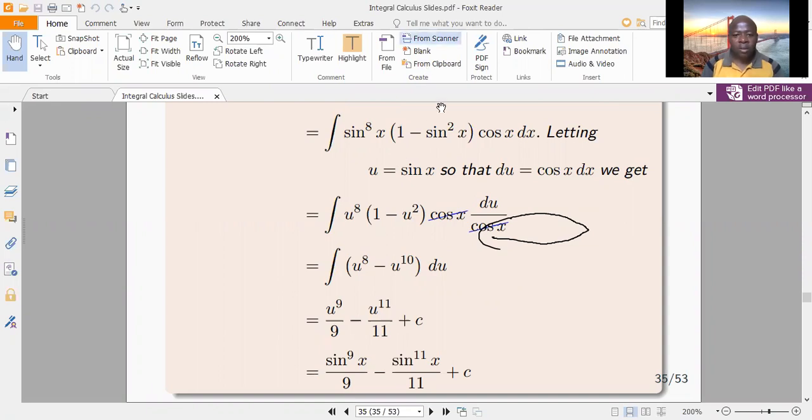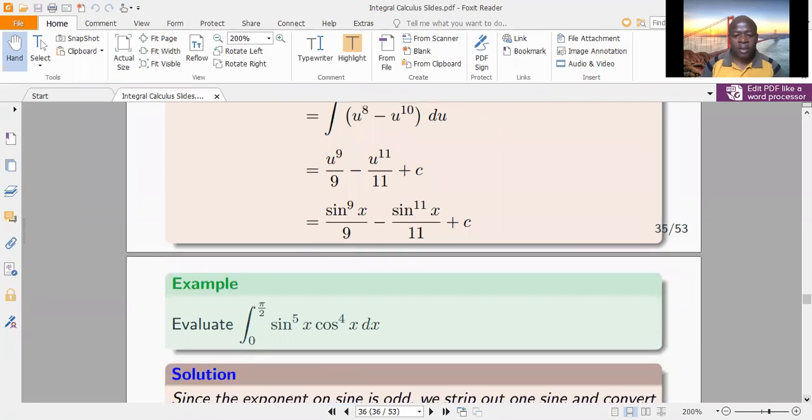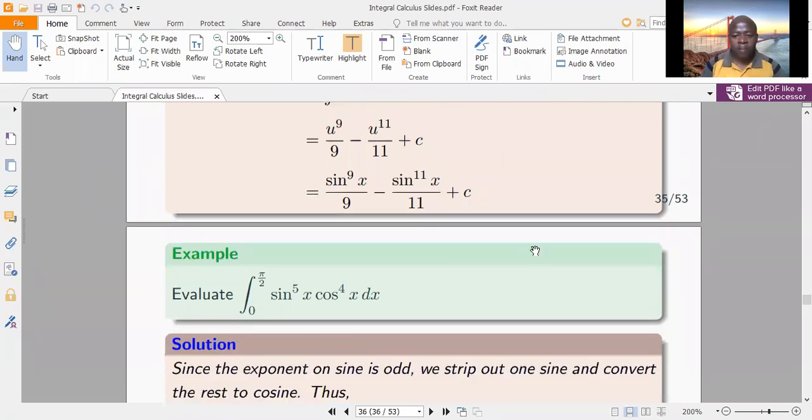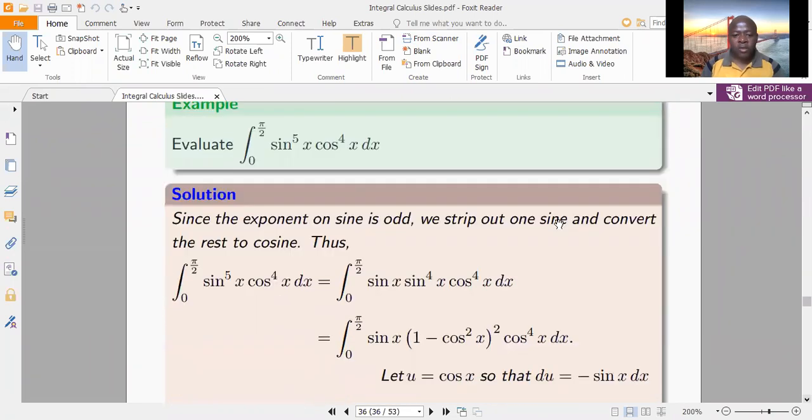We want to look at another example so that we get familiar with this kind of integration. What is very important is to identify the exponent that is odd, and then we strip out one and convert the rest to the other trigonometric ratio.